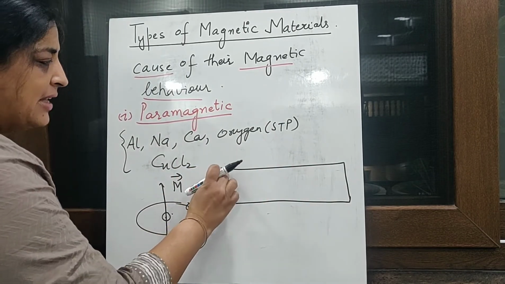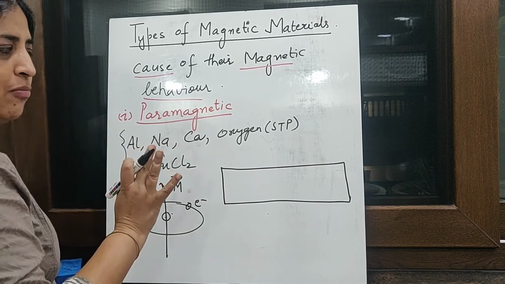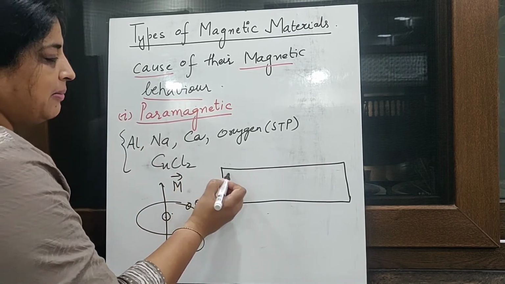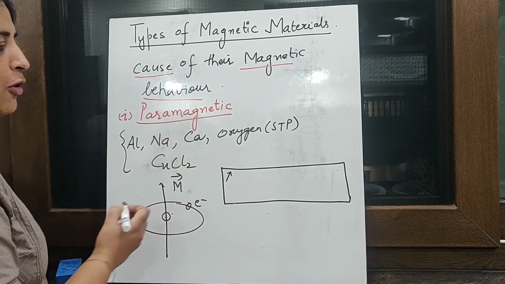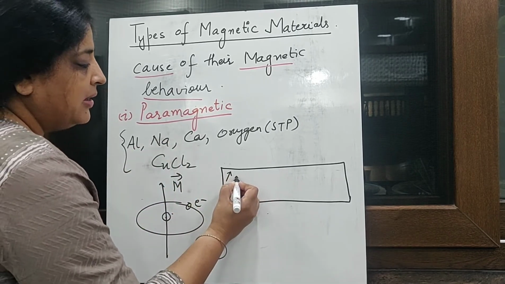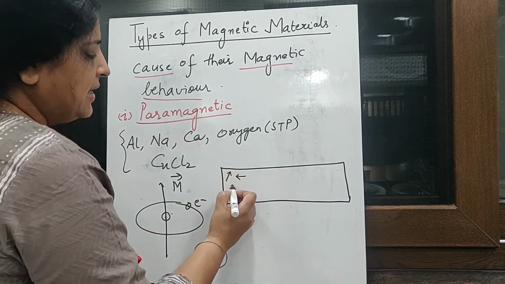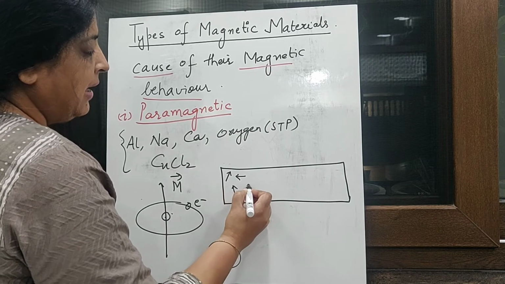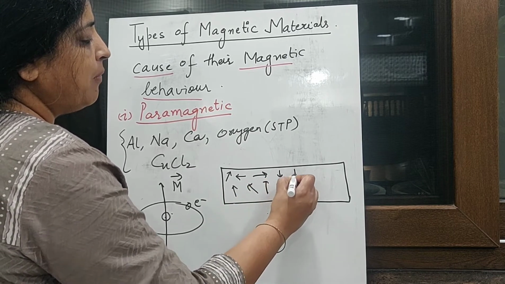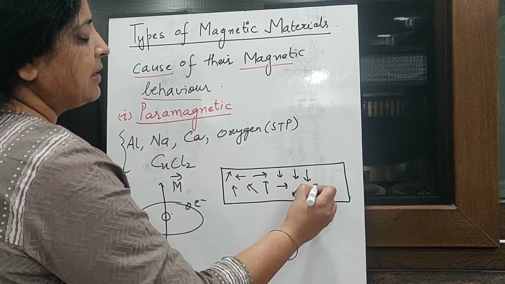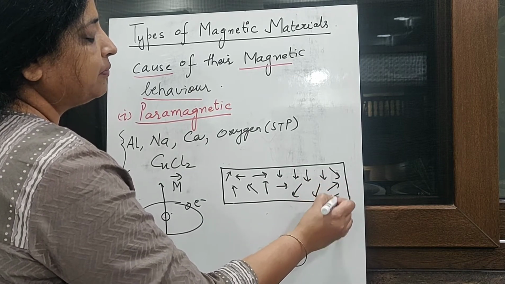Now let us say that this is a sample of a paramagnetic substance. Every atom present in this sample will have its own magnetic moment. Let us say this represents the magnetic moment of one atom, this represents that of another, and similarly you can draw many different directions of the magnetic moments shown by different atoms. They are all randomly oriented initially, right?